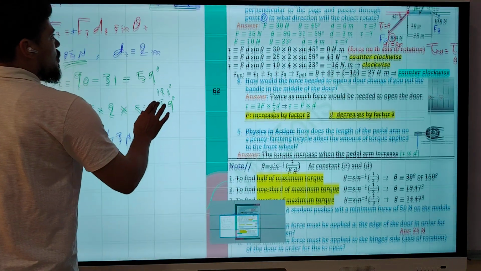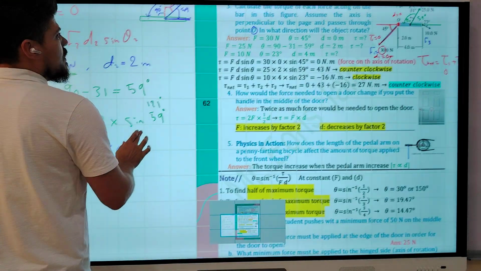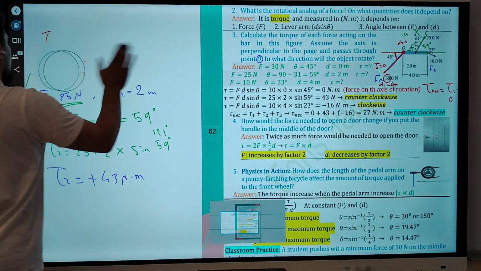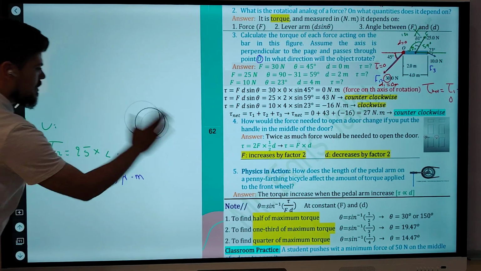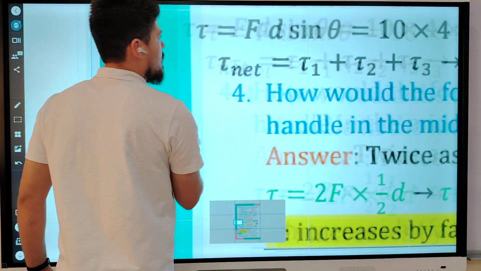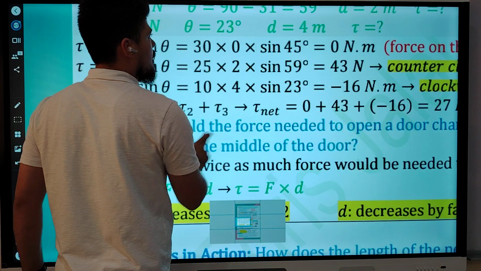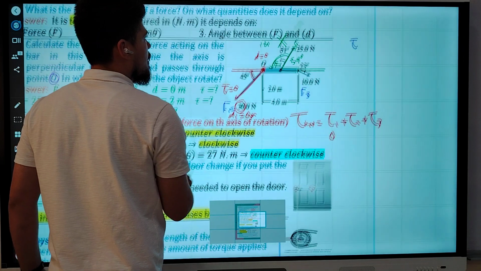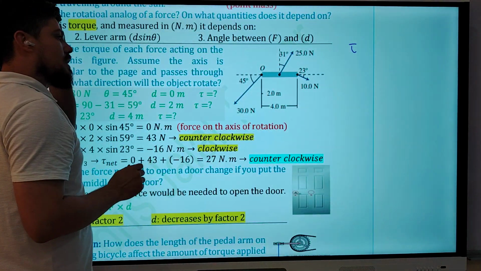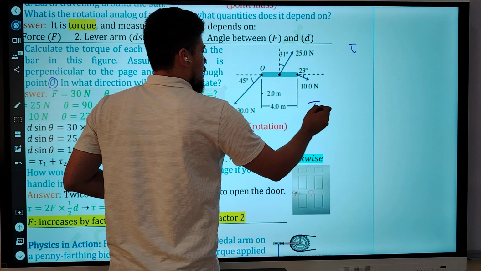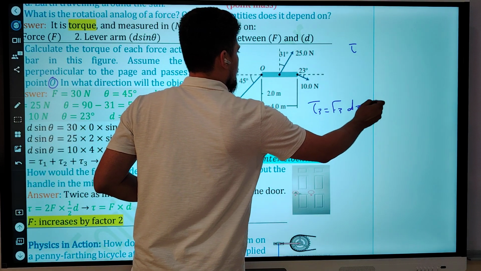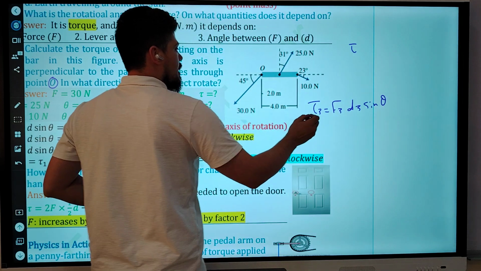Okay. Torque number 3, as you can see here, look. Torque number 3 is equal to what? F3 D3 sine theta 3.